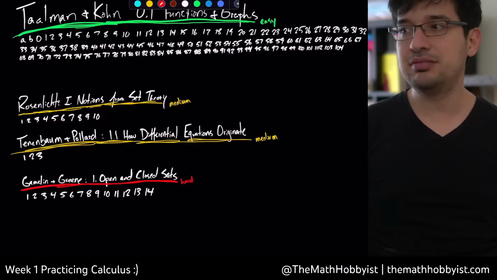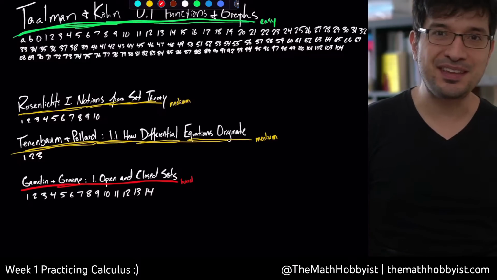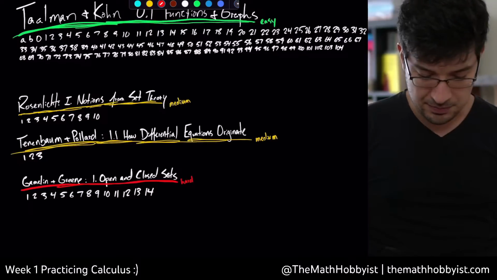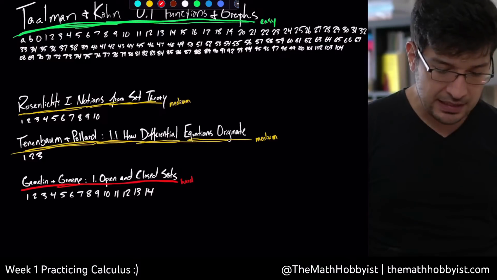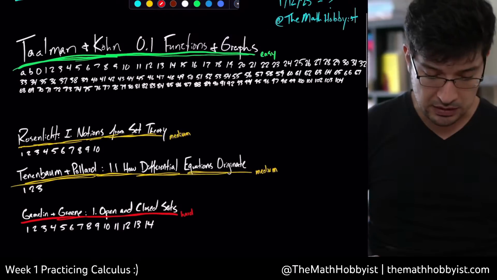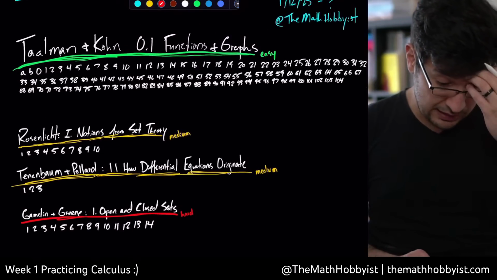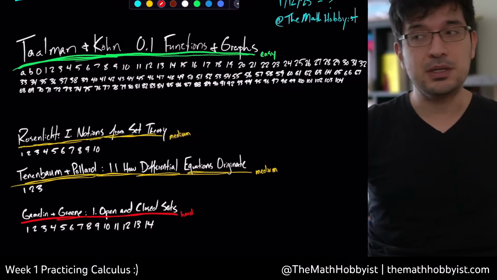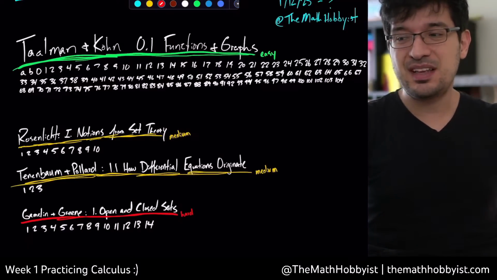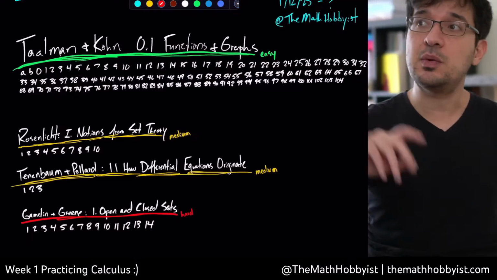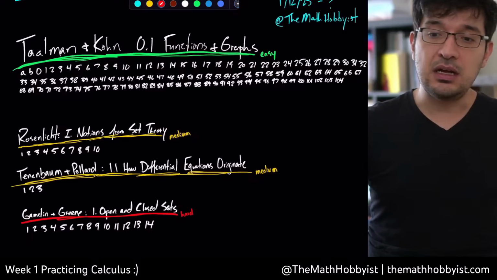I'm probably going to change some of these colors as we go. I know that there are many harder books and many easier books than these that I've chosen. In particular, I could argue that Rosenlicht is a hard book. I used it in an upper division calculus, quote-unquote, class in college.